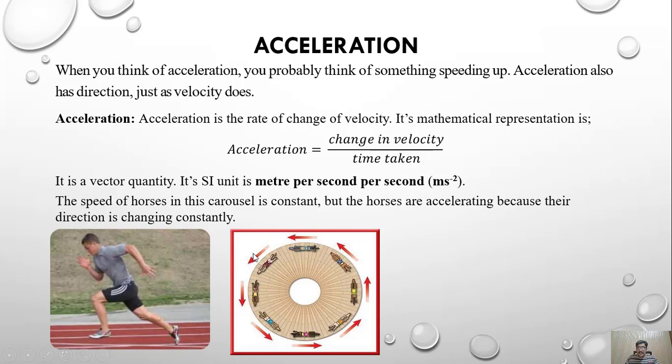So direction is continuously changing, so acceleration is there. Again I repeat the statement: the horses are accelerating because their direction is changing constantly. So there is acceleration. Hope it is clear to you.